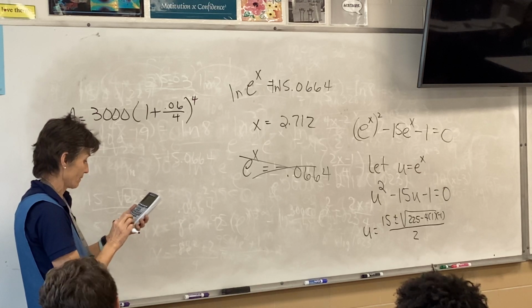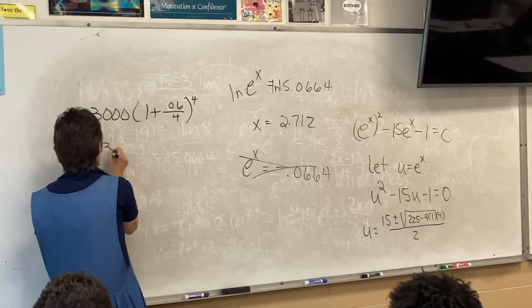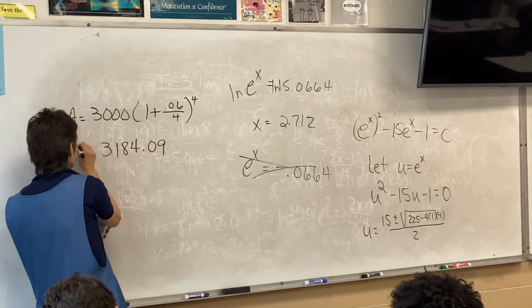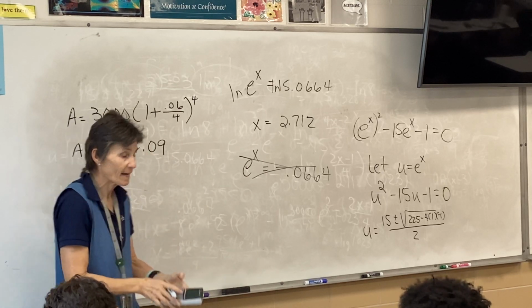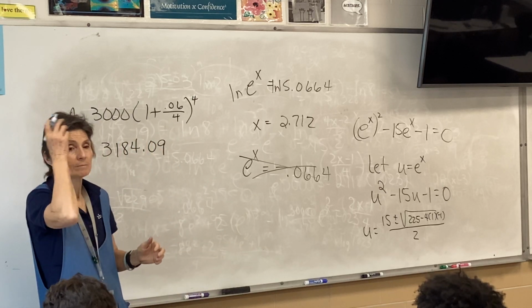So I came up with 3184.09. So that is how much money I would have had at the end of the year. Everybody agree? From this account.